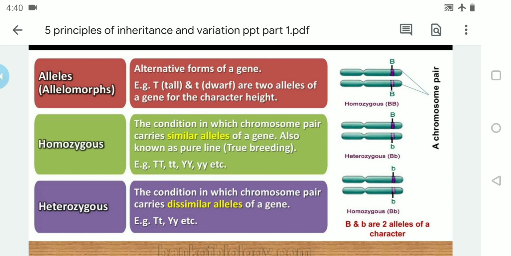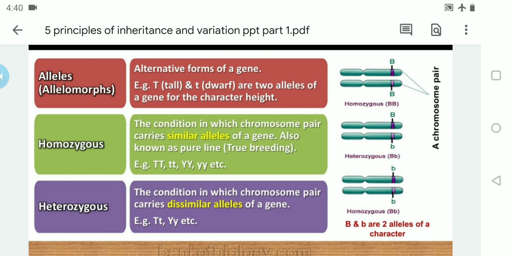Then homozygous. Homo means similar: the condition in which a chromosome pair carries similar alleles of a gene. When they are exactly similar, they are considered pure lines or true breeding. Capital T, both are tall only, homozygous tall.